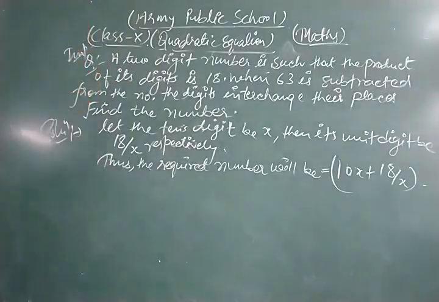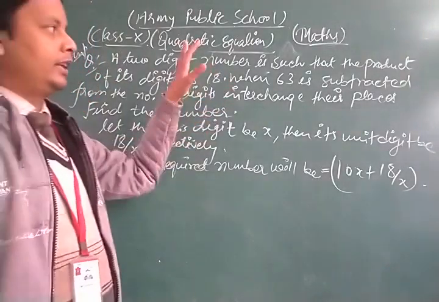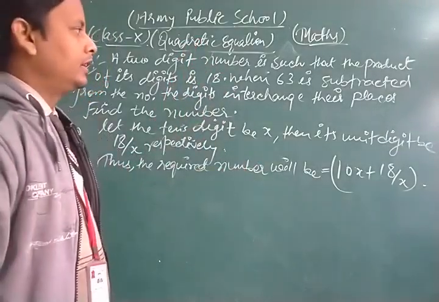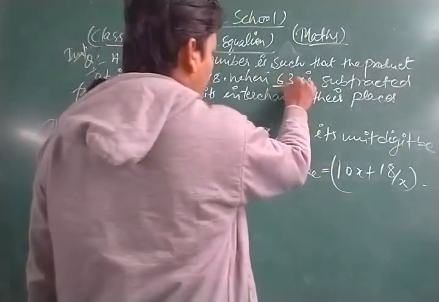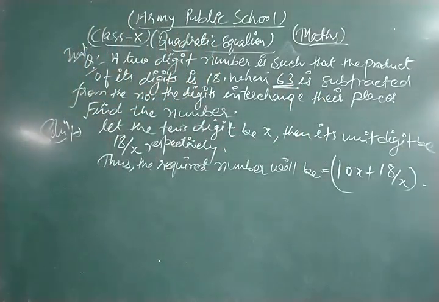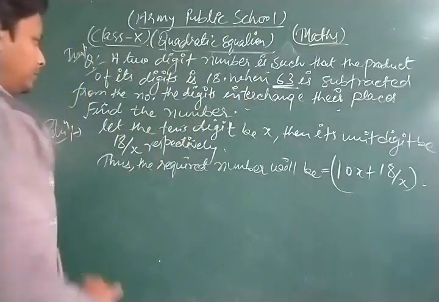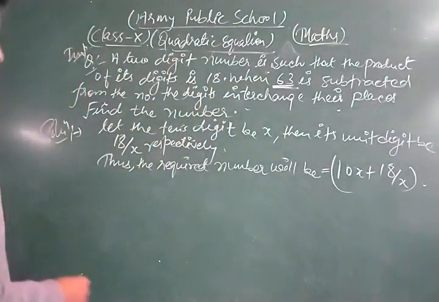Now the next condition is that when 63 is subtracted from the number, the digits interchange their places.